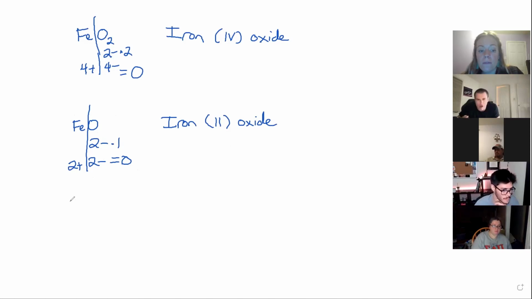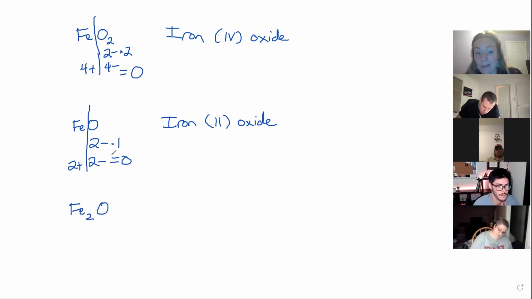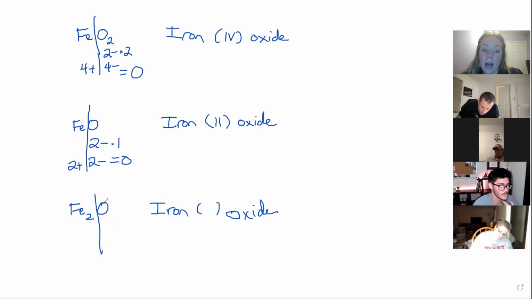Let's do one more. What if we have Fe2O? And it's like, oh man, those things look so similar. Aren't they the same thing? They are not. This is also an iron oxide. Let's find its charge. Let's cut it in half. The whole thing needs to equal 0.